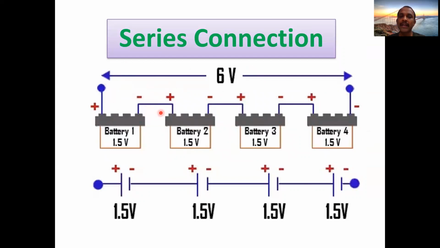You can see opposite polarities meeting, so they add completely: 1.5 plus 1.5 plus 1.5 plus 1.5. 6 volts is the voltage across the first and the last battery terminals. This is indicated in the circuit here: batteries 1 to 4, each 1.5 volts. Negative meets positive each time. So the final voltage is 6 volts.